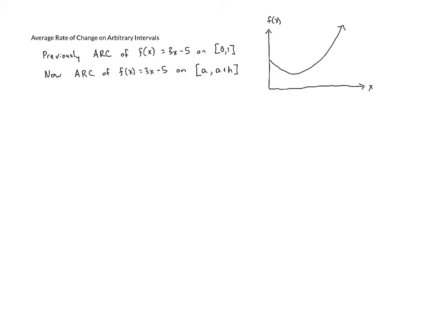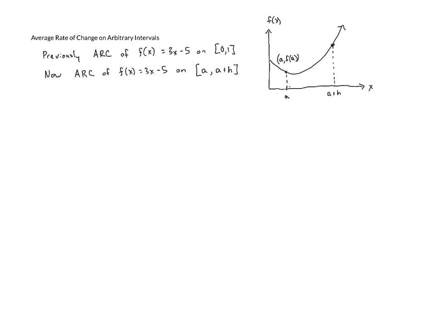And so what we're doing is we're looking from a starting point, a. So we're looking at the point a, f of a. And we're moving to a second point. But instead of calling this a, we're going to call it a plus h.